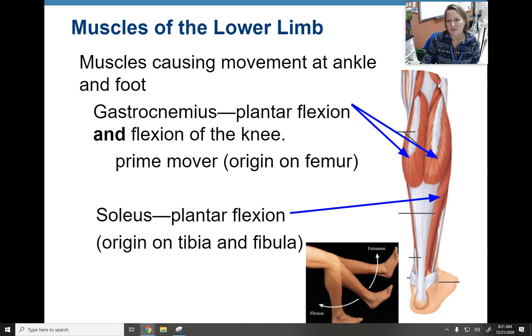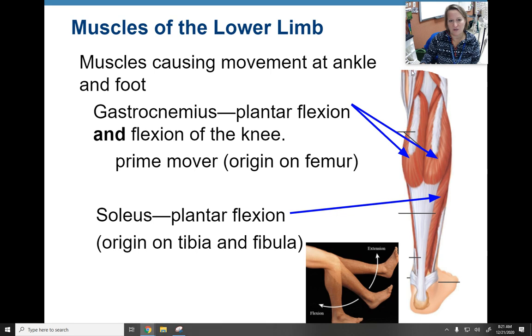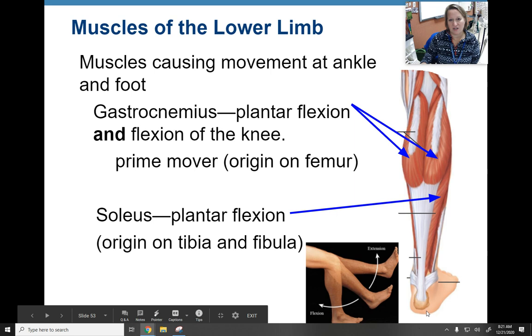So it's going to cross this joint and it's going to cross that joint. So it's going to cause flexion of the knee because of its origin up here and its attachment below, and it's going to cause flexion of the foot because of its attachment way down here.